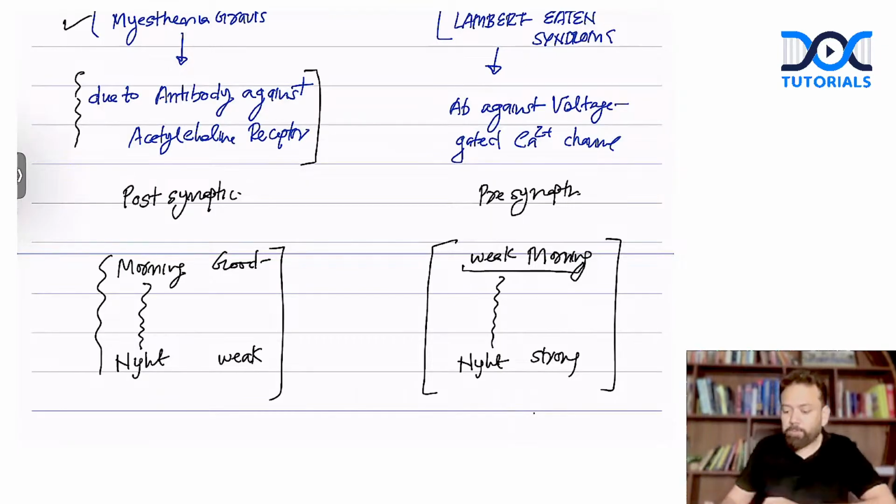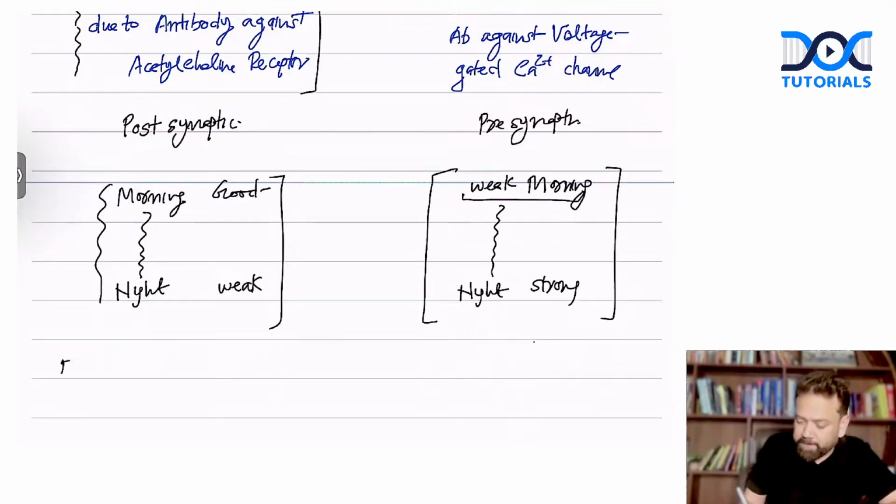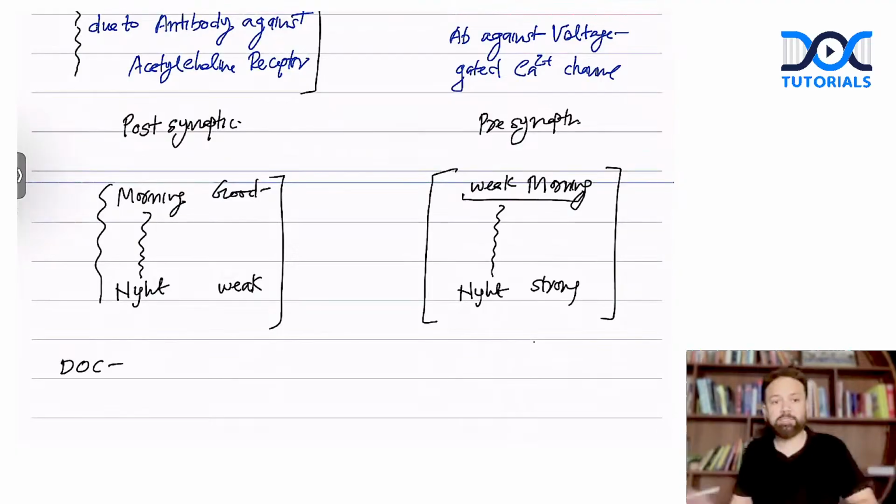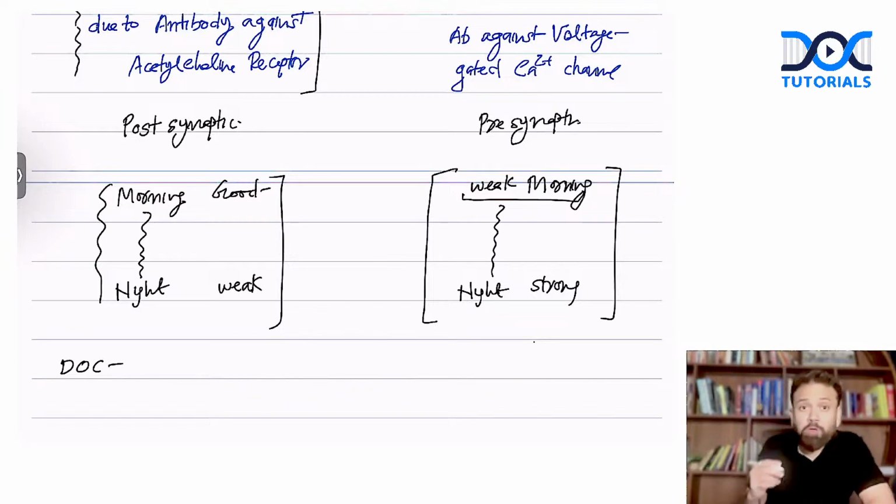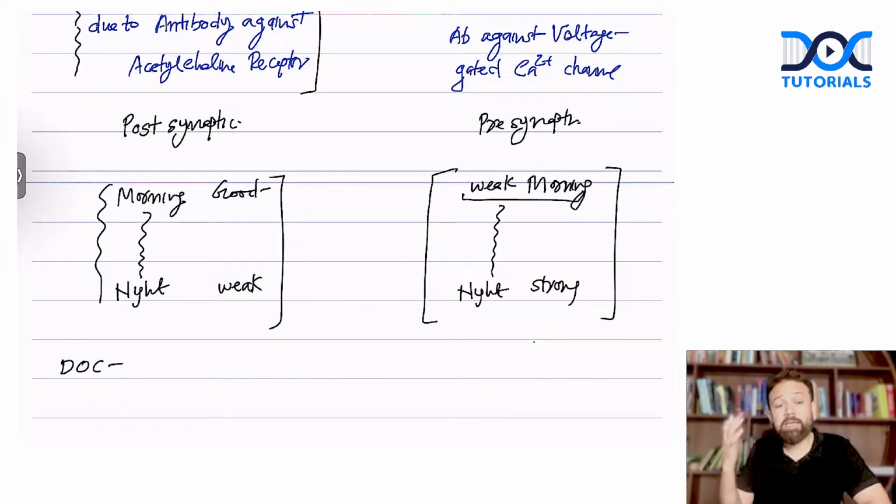Now, what is the treatment of choice in myasthenia gravis? You must know that acetylcholinesterase degrades acetylcholine after the function is over, isn't it? So if you give an acetylcholinesterase inhibitor, acetylcholine will be available for a longer time.